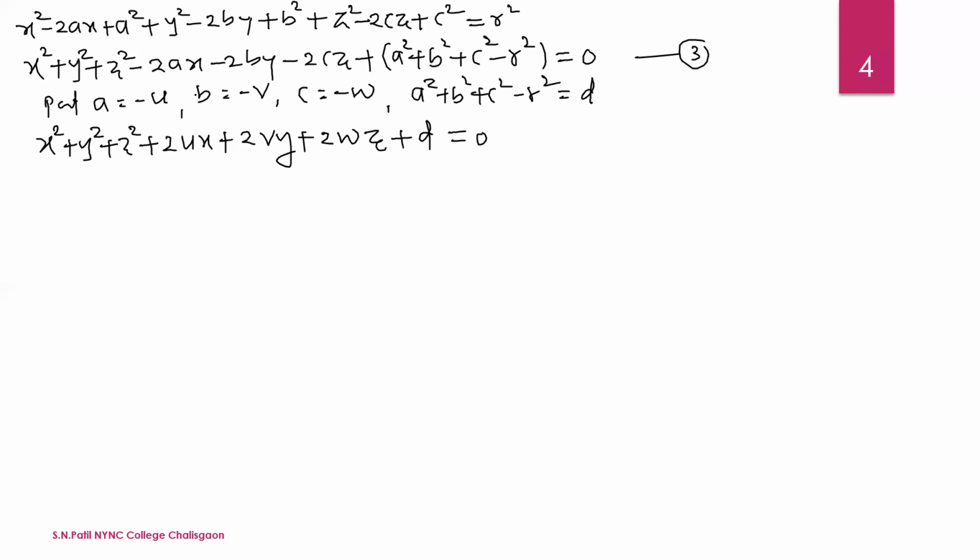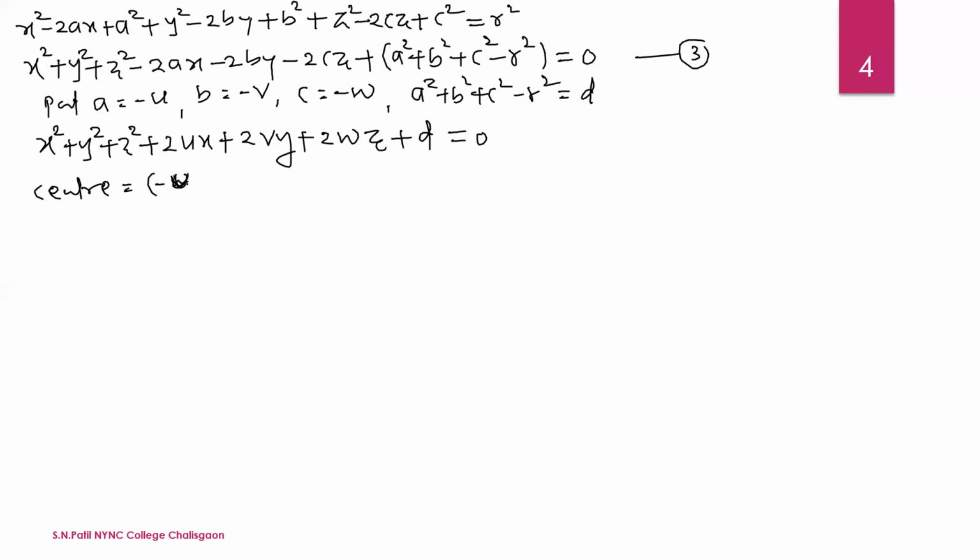Now in the center radius form, a, b, c is the center. So the center is a, b, c, which is minus u, minus v, minus w.